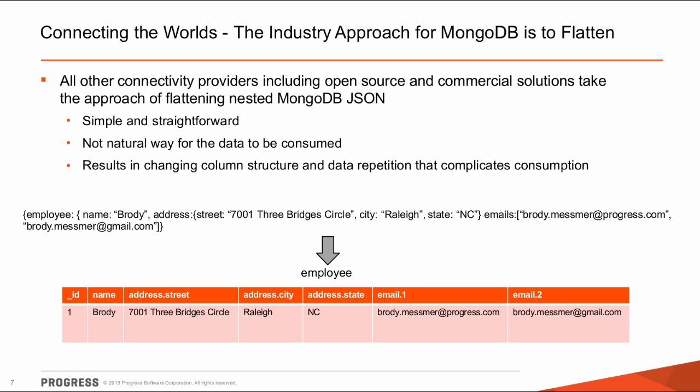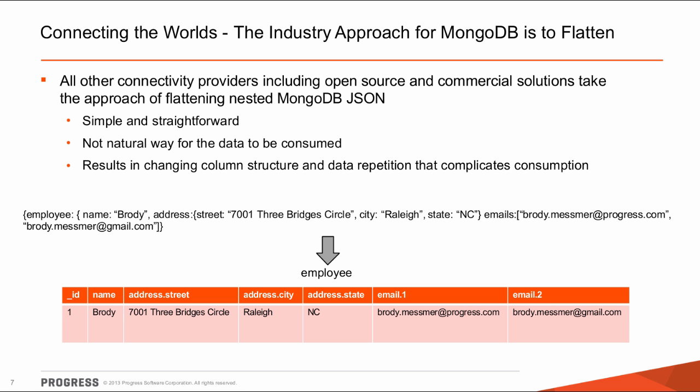So when we say flattening, what these providers do is take all the individual little data elements in that JSON document, regardless of their depth, and collapse it into one flat, potentially very wide relational row. In this case, you see an example of that at the very bottom of the slide. I've got an ID, and the name is there, and the street address is there, and the city address is there, etc. And these email values are there, and they're all as columns.